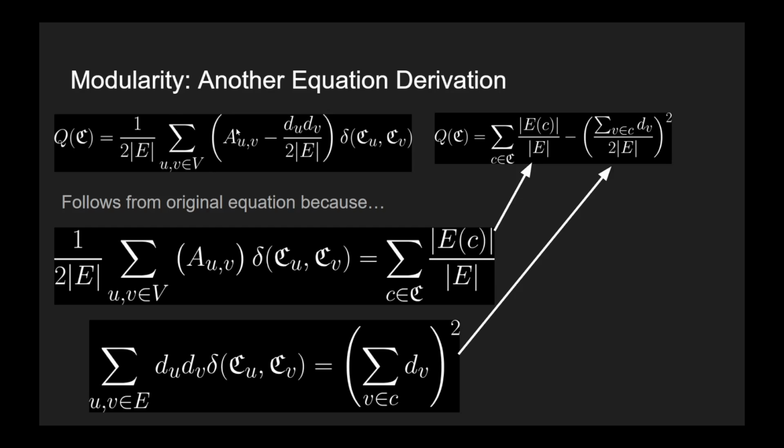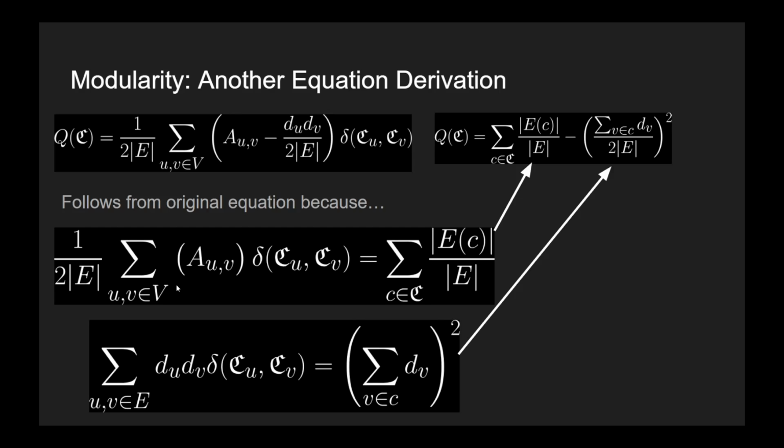So for instance, if we look at the first half of the summation, this term will be a 1 or a 0 depending if U or V are connected, and that's only going to be evaluated because of this delta function on pairs of nodes that are in the same community. If they're not in the same community, it'd be 0. So really what this is doing is it's summing up all the edges in a community by a factor of 2. And it's by a factor of 2 because we look at both UV and we look at VU.